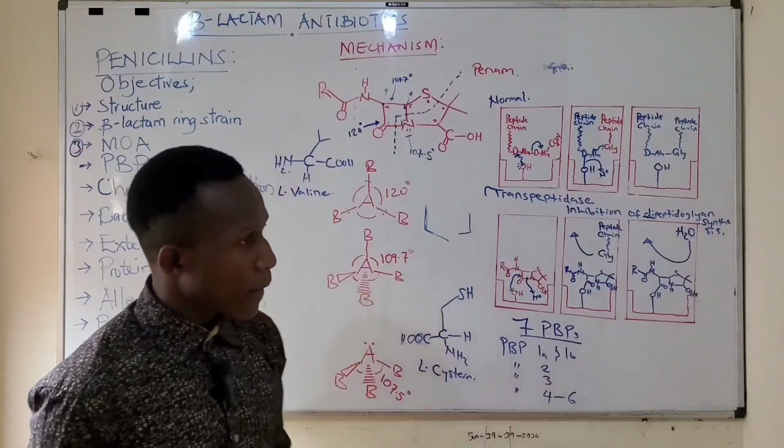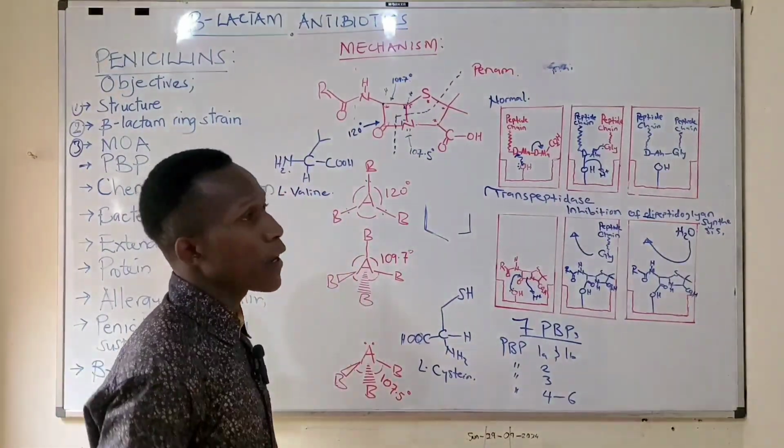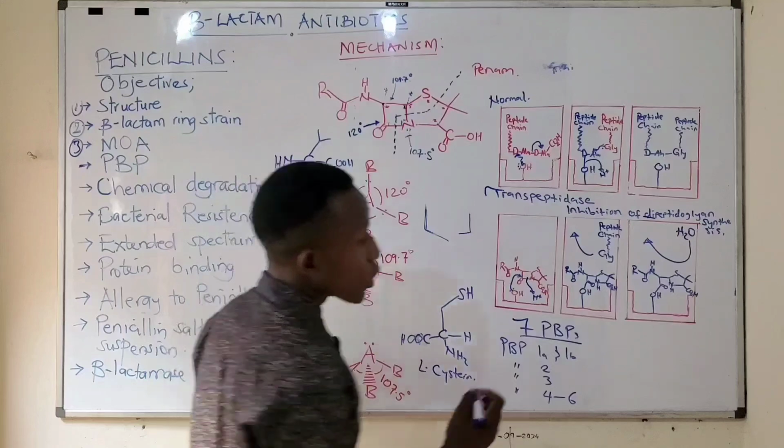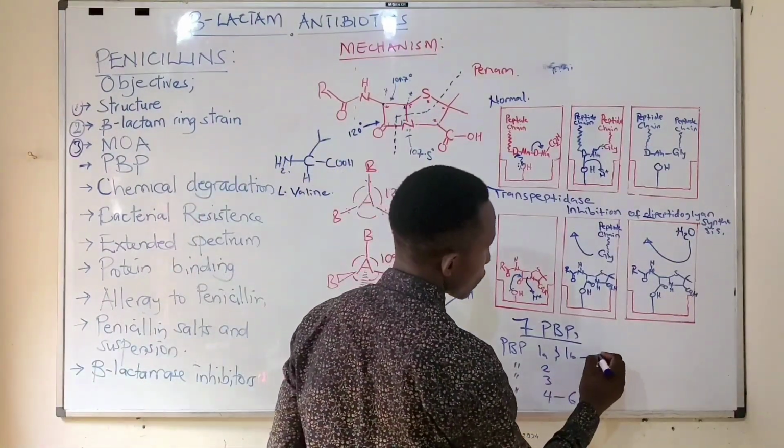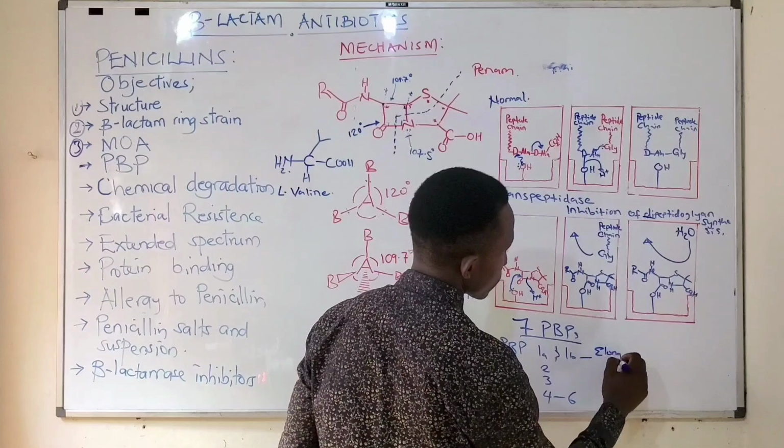Penicillin binding protein A and B are responsible for the elongation of the peptidoglycan chain.